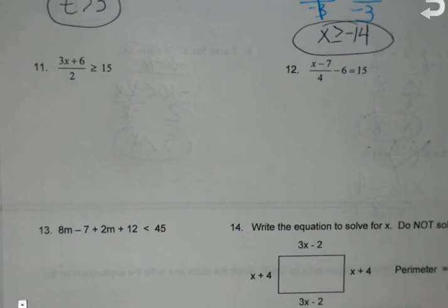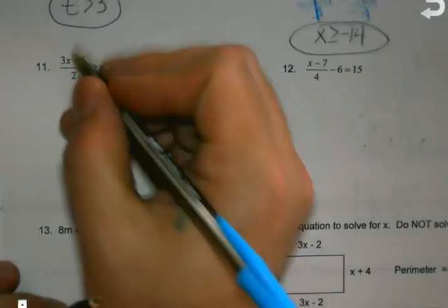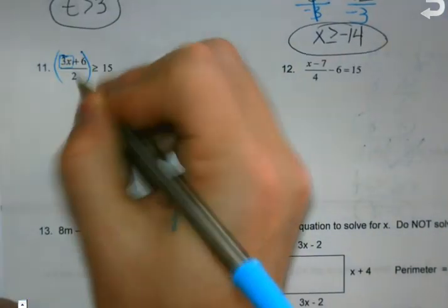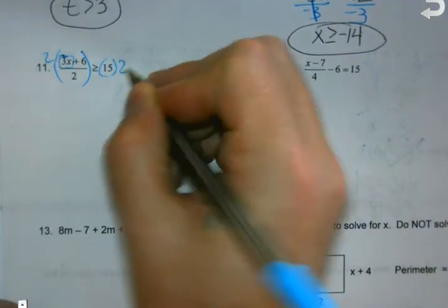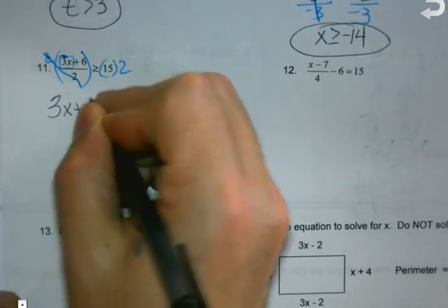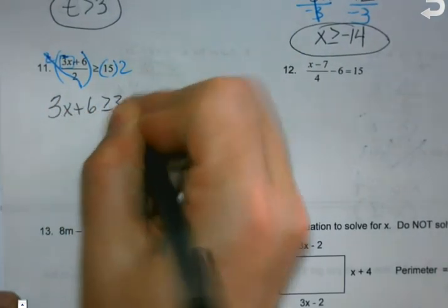All right. Number 11. Before I can get that 6 out of there, I can't ignore all that stuff that's going on above them.